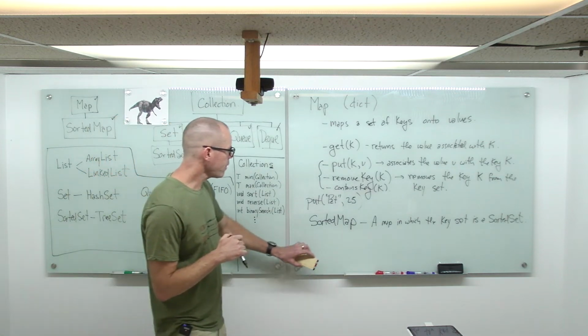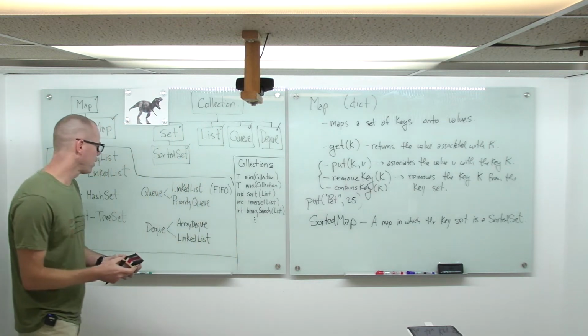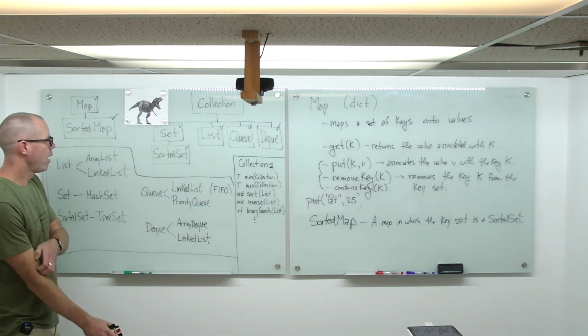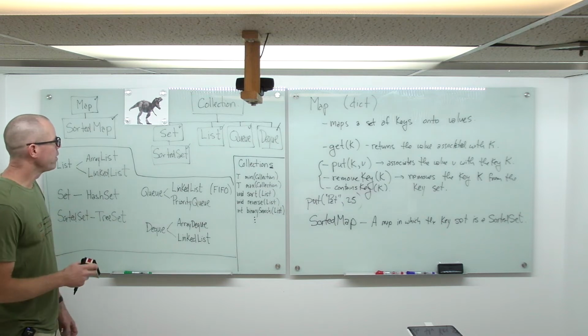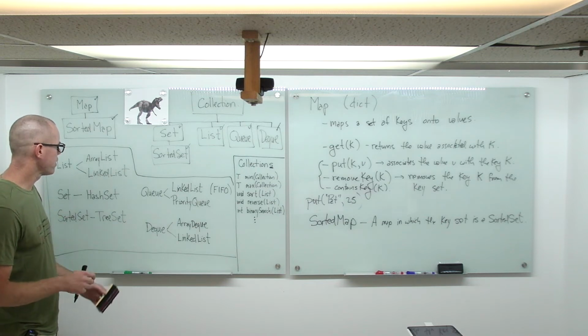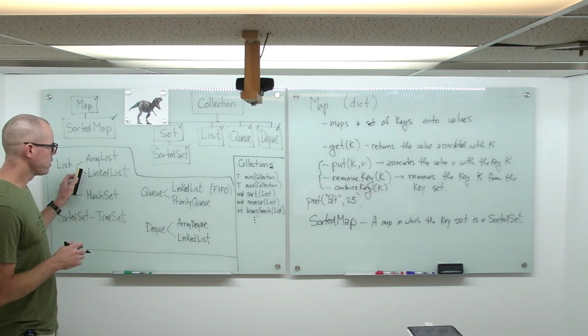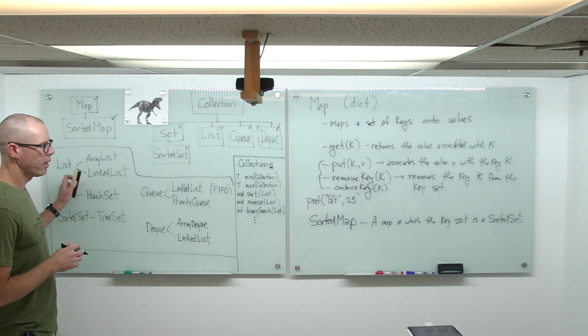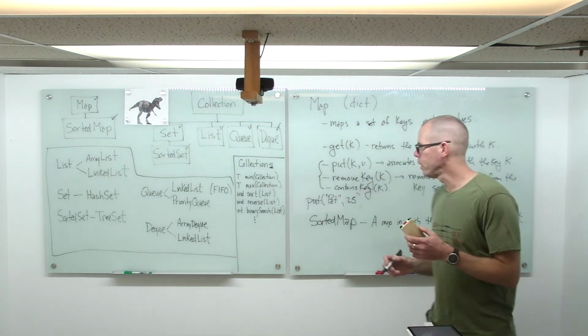So what we should do now is take a look at the classes that implement these interfaces. And I think the best place to start is with the two common classes that implement the list interface.